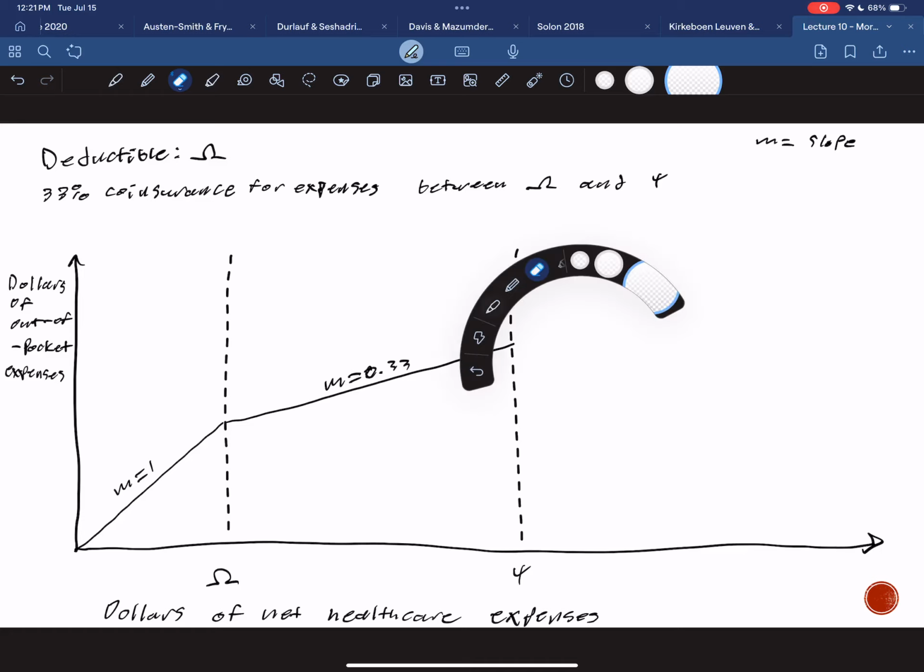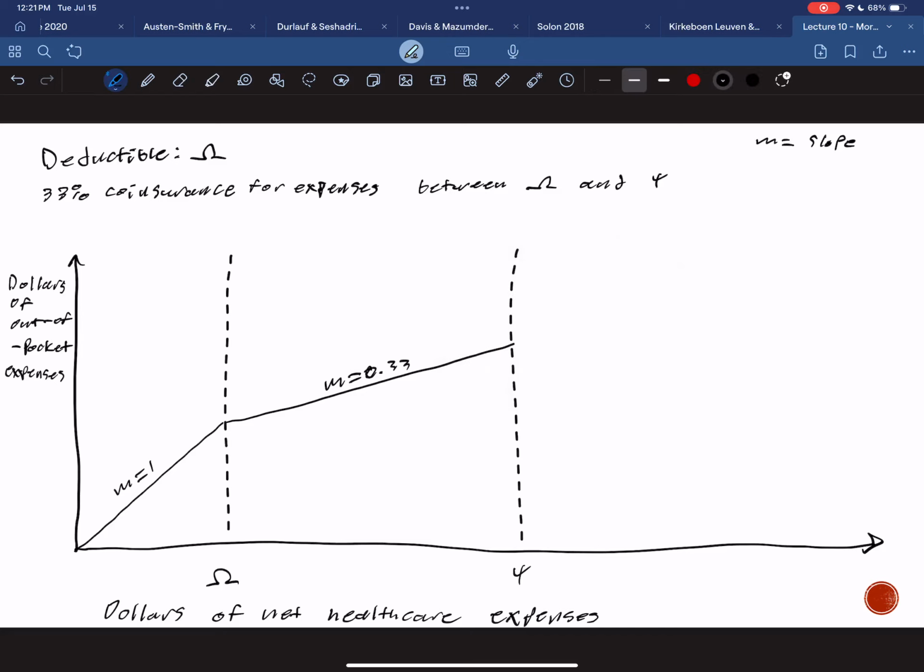And then once you go past psi, once you face a terrible accident and you need complete coverage, you no longer pay anything beyond that, so this is m equals 0. These types of insurance contracts exist in the real world. You pay full price until you meet the deductible. Then there's an intermediate zone where you're partially insured but not fully insured, with coinsurance.